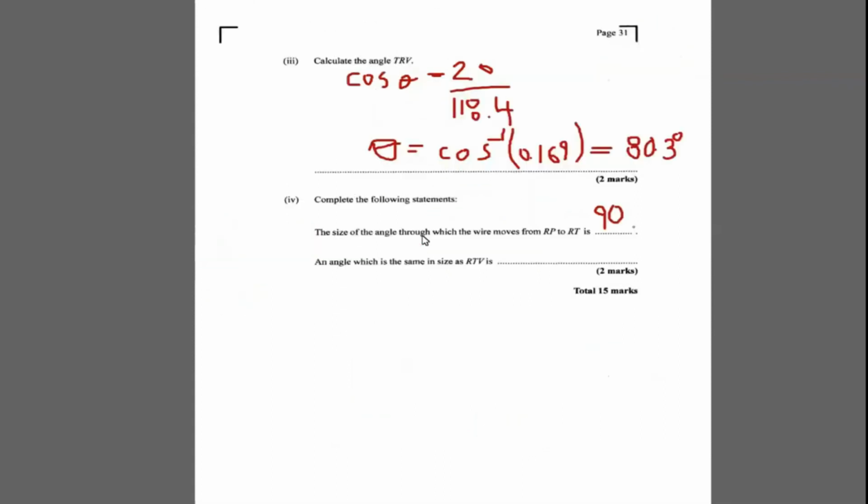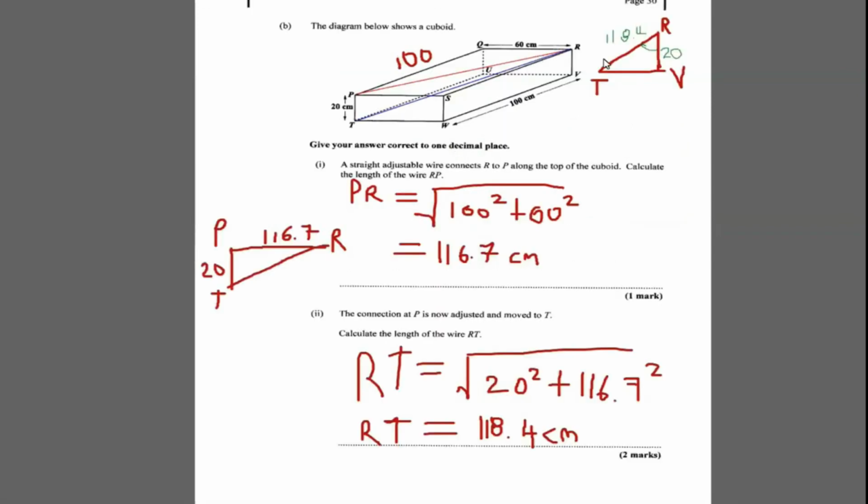We know this is 90, an angle which is the same in size as RTV. So we want something with the same angle as RTV.